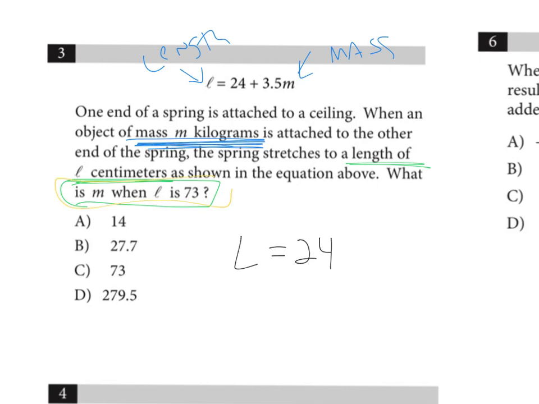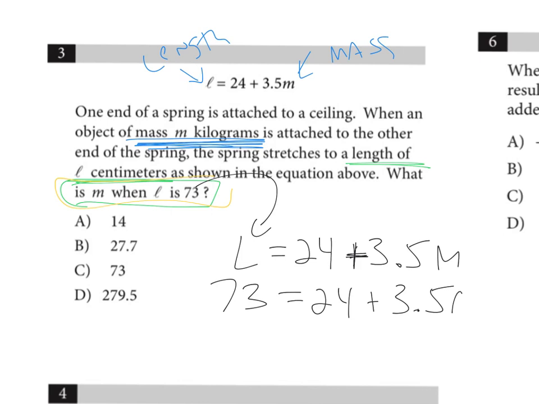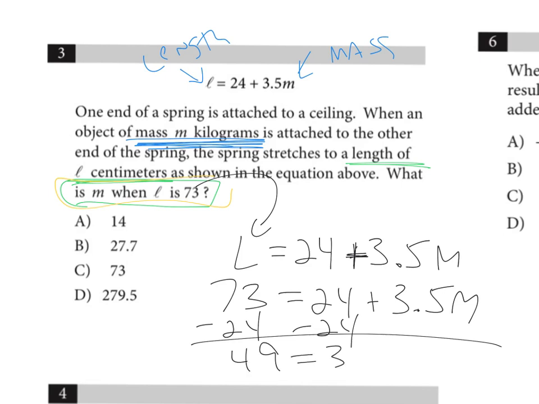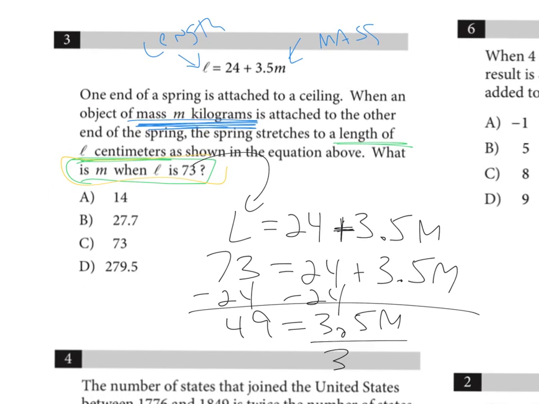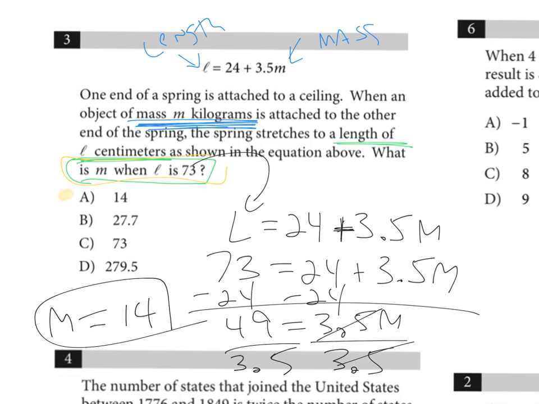L equals 24 plus 3.5m. I'll plug in L is 73, so I have 73 for L equals 24 plus 3.5m. And here if I solve for m by subtracting 24, I'm going to be left with 49 equals 3.5m. Or if I divide both sides by 3.5, m is equal to 14, or answer choice A.